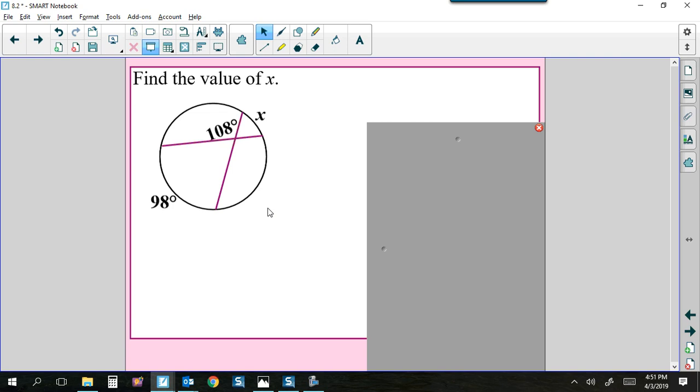You are going to have to use something that you learned all the way back in lesson 1.2 before you can apply what we taught you today. Wow, that's a long time ago. All right, hopefully you acknowledge the fact that you are working with interior angles. Interior angles are equal to half of the sum of the intercepted arcs.